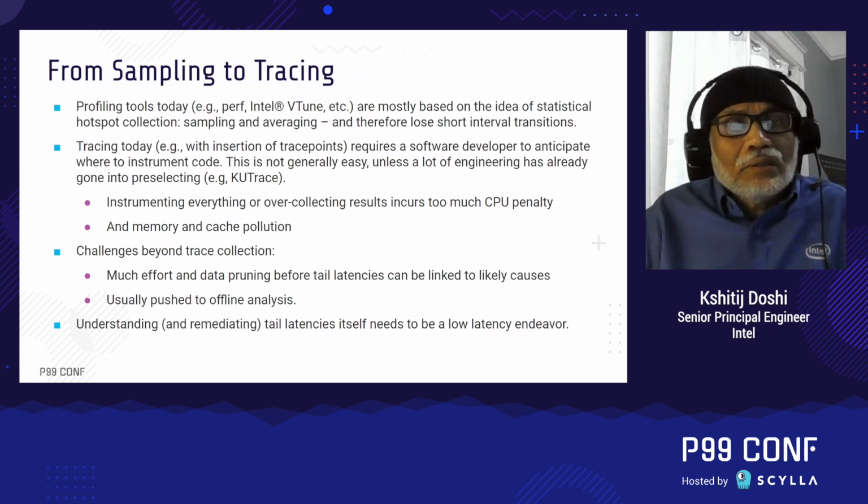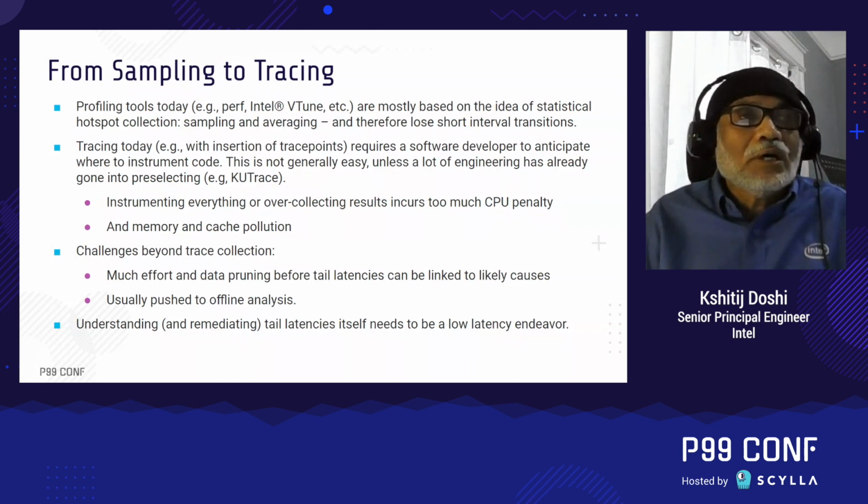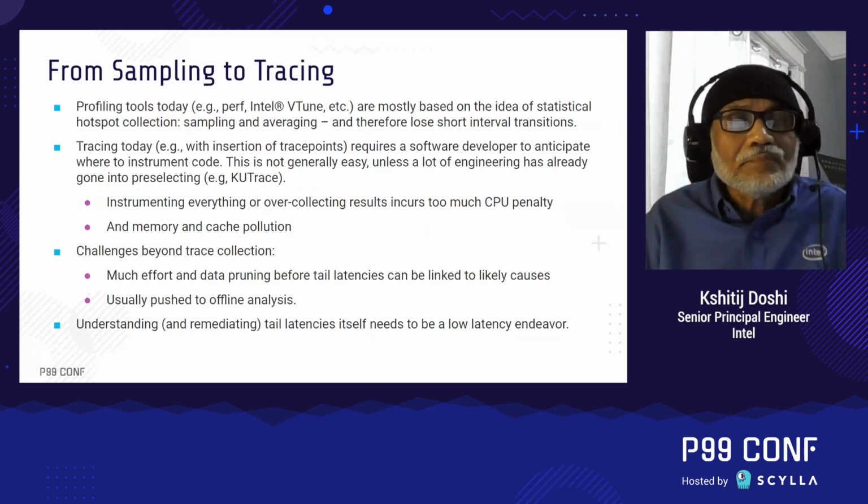Now, the challenge, however, is that one has to intermix the collection of various kinds of profiles with the triggering events on the basis of some kind of analysis, and that analysis typically has to go through the data that was already collected and dumped, whether it was by KUtrace, perf-sched, etc. and again the same dilemma presents itself.